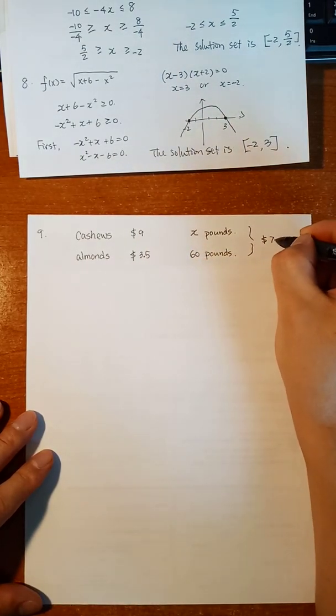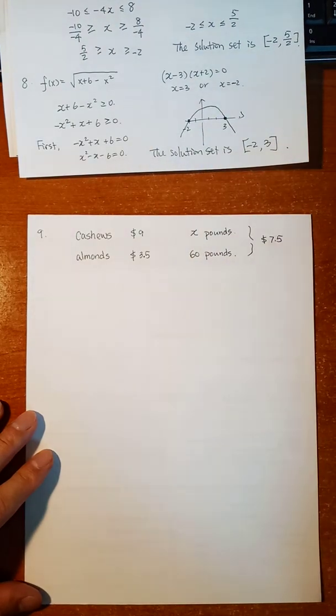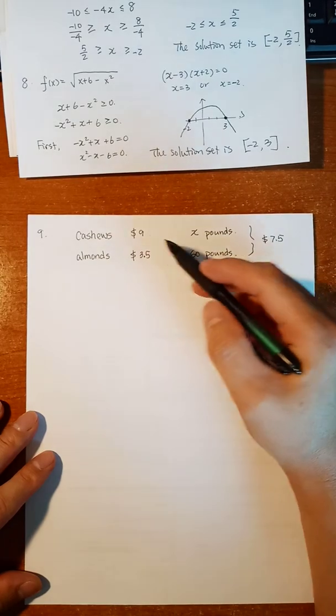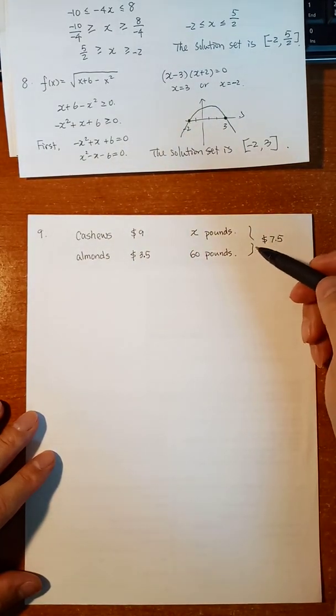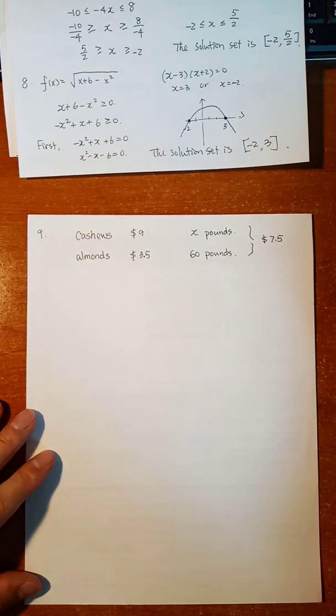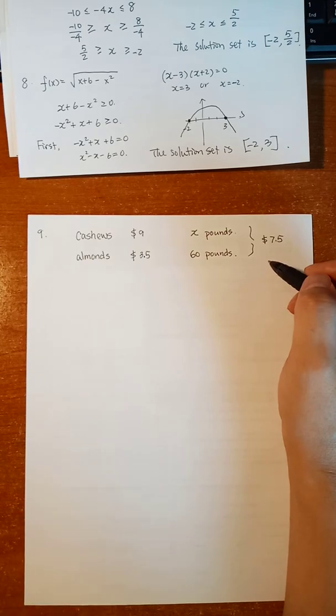The price is $7.5 per pound. We want to know how many pounds of cashews should be mixed with the almonds to ensure no change in sale. So we need the same money.